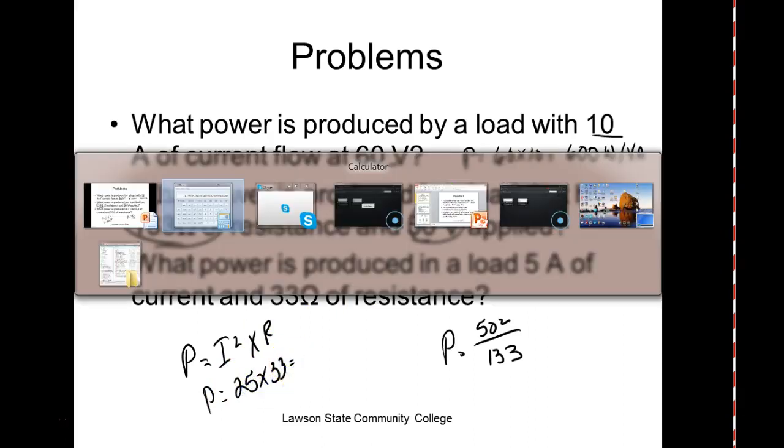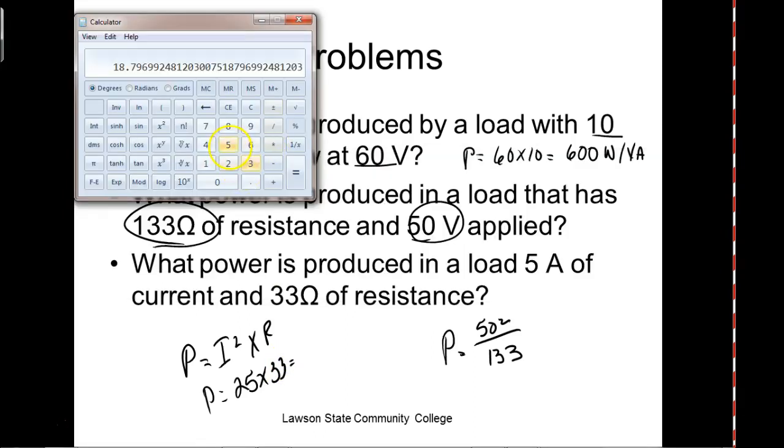And that would be our power. So that'd be 825 watts of power.